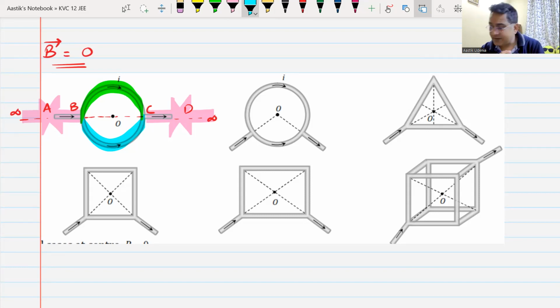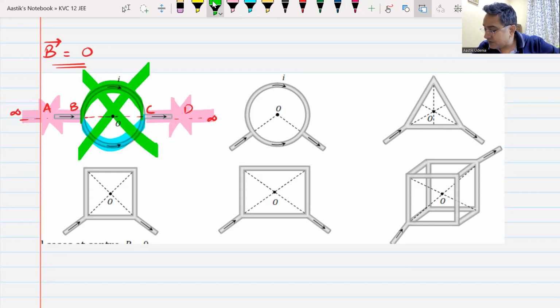Both the currents are same, so they will cancel each other out. So the net answer would be zero. Do we understand this? Yes, sir.